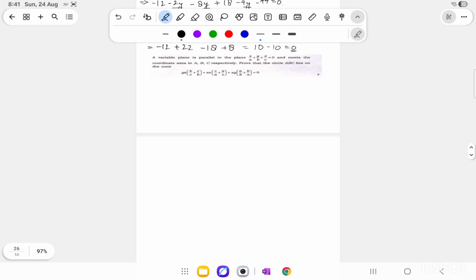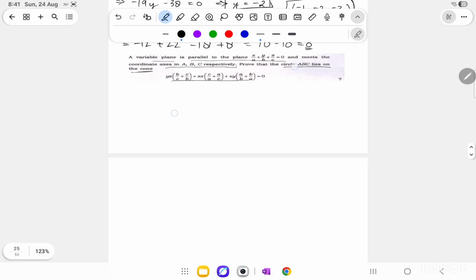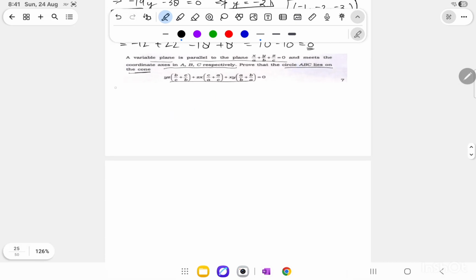The next question says that a variable plane is parallel to this and meets the coordinate axes at A, B and C respectively. Prove that the circle ABC lies on this cone. First we'll see the equation of a plane parallel to the given plane.